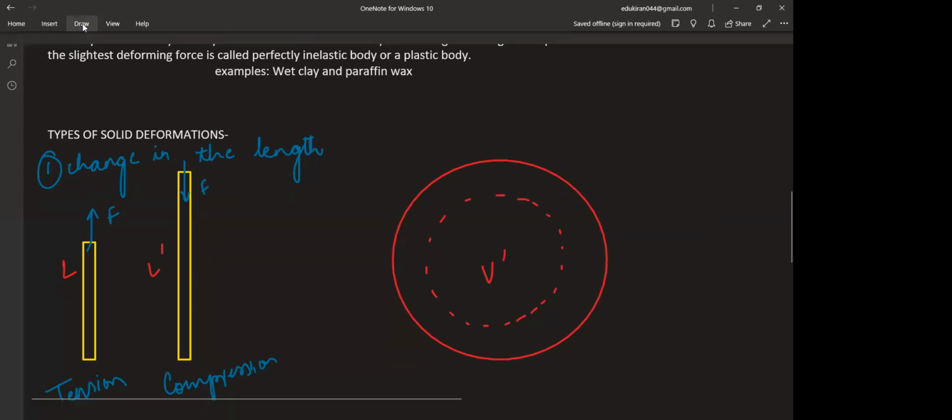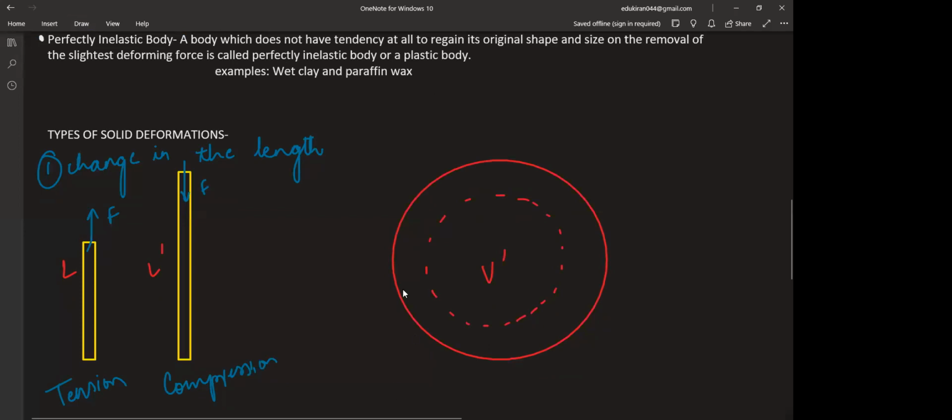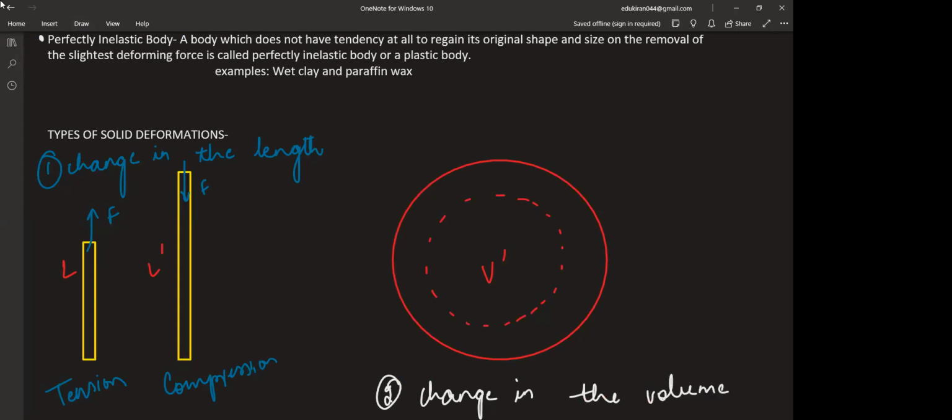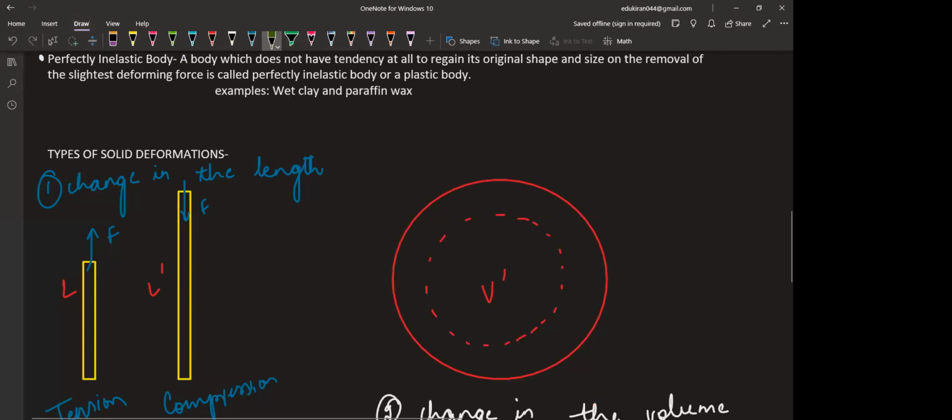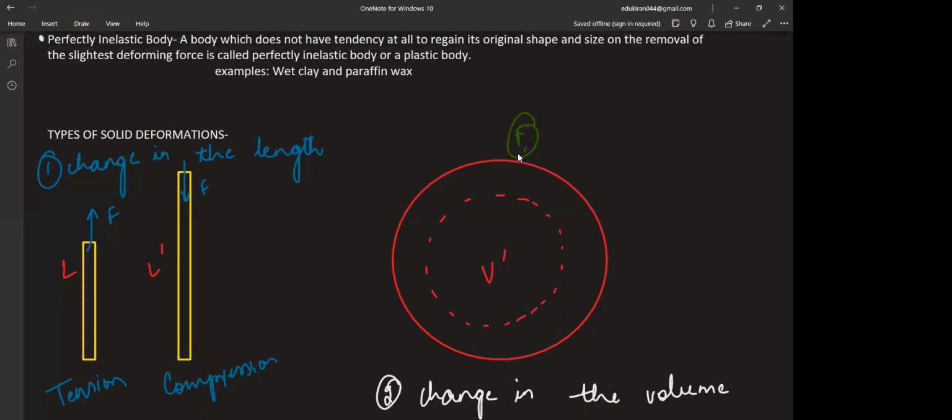Secondly, the second type of deformation that is produced is the change in the volume. Suppose this is a sphere and I am exerting forces on it.